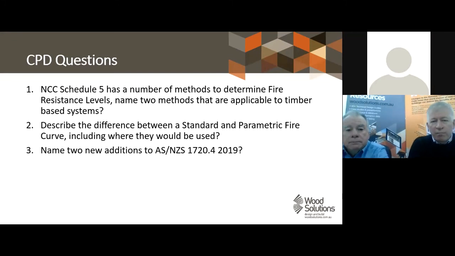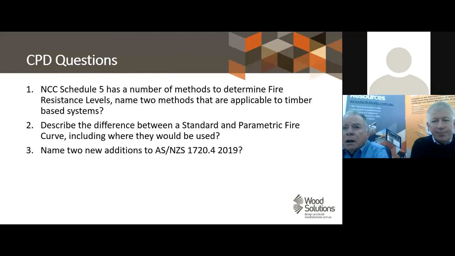Another one for Ray. Andrew wants to know, 1720 Part 4 2019 version is a better standard. How can it be used if it's not referenced in the BCA? Yeah, good question.